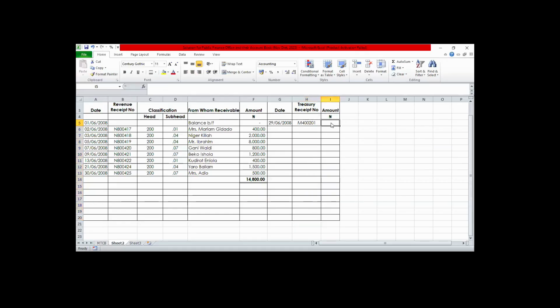You are right. Now, that balance as at 30th June 2008 will be what? 500. When we total everything together, it becomes the same figure.